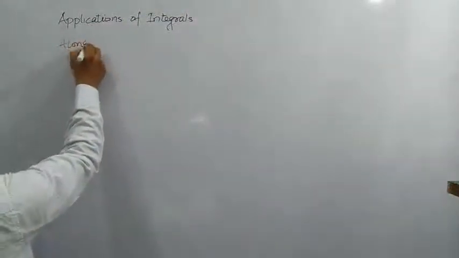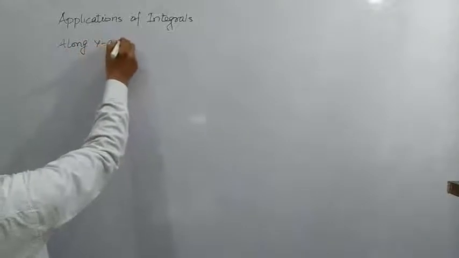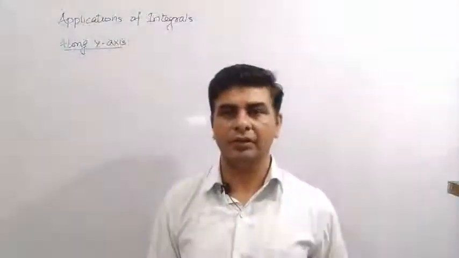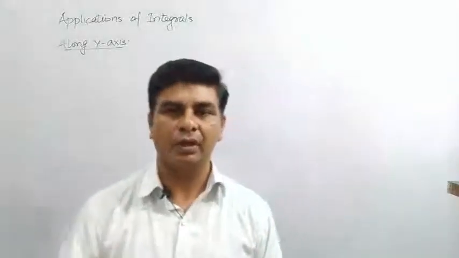Let's see what will happen if the area is along the y-axis. So let's discuss if the area is along the y-axis. This is the case whenever the region is bounded along the y-axis. It may be to the right of the y-axis, or it may be to the left of the y-axis.